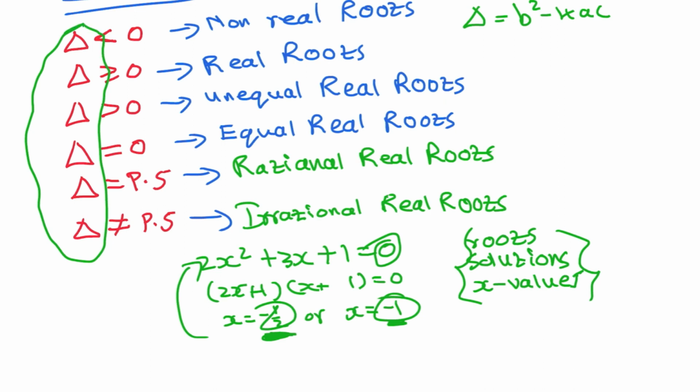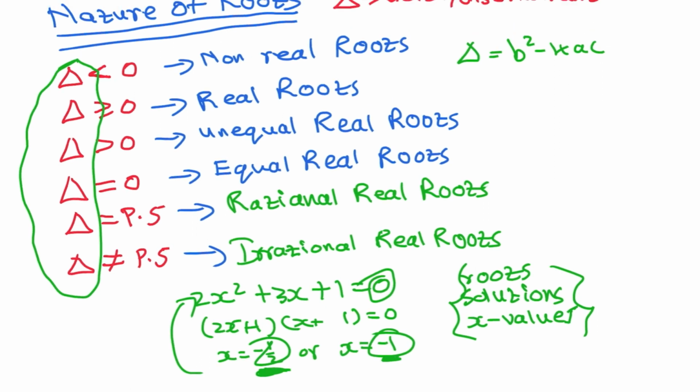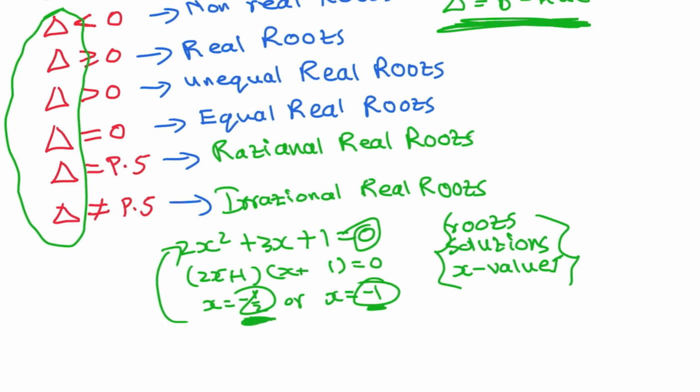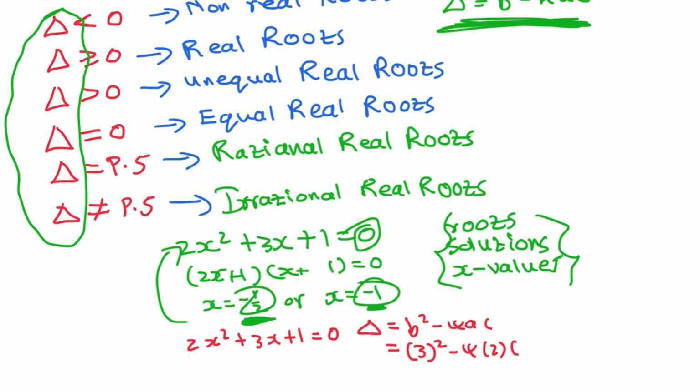So a discriminant tells us the type of x values we're going to get when you solve for x, if we interpret the delta. On this example, 2x squared plus 3x plus 1 equals 0, I can check my delta: b squared minus 4ac, which is 3 squared minus 4 times 2 times 1.